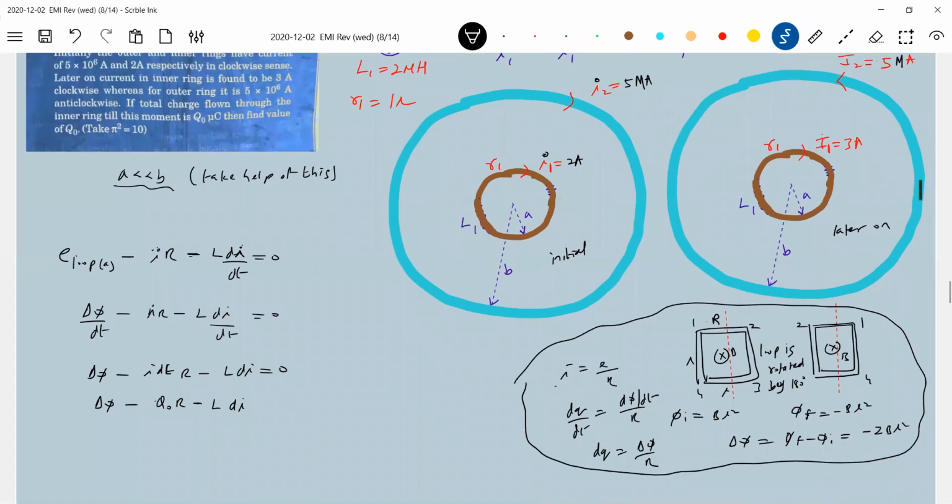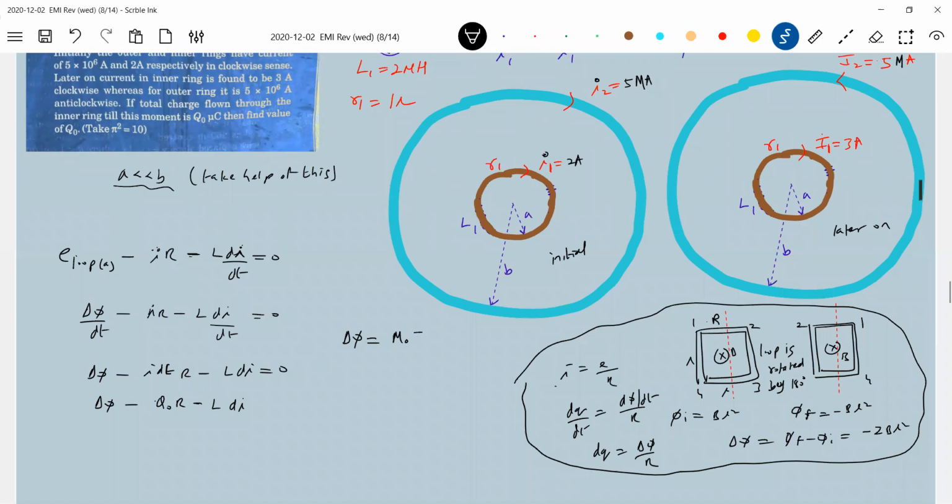What is the change in flux? How do we get the change in flux linking the inner loop? Delta phi. What is the flux linking this one?